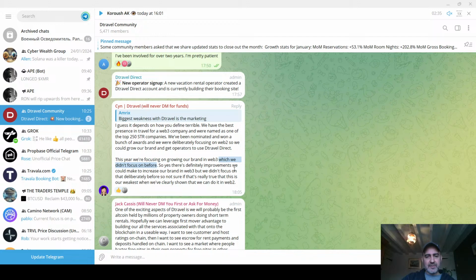So yes, there's definitely improvements we could make to increase our brand in Web3, but didn't focus on that deliberately before. So not sure if that's really true that this is our weakest, when we've clearly shown that we can do it in Web2.